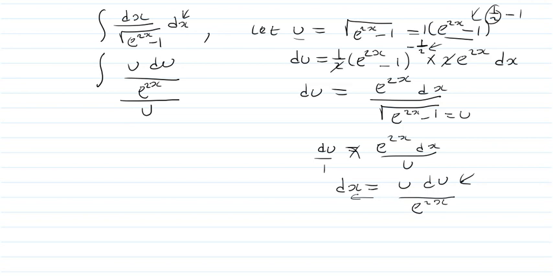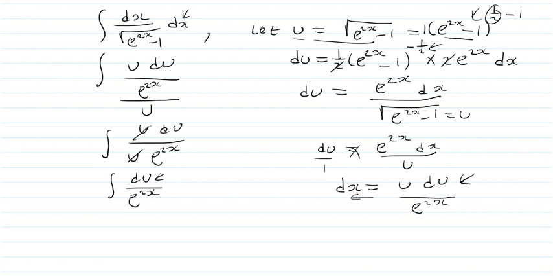Simplifying, we get u du over u e^(2x). This u and this u cancel out, so what remains is du over e^(2x). We can't integrate this one because we are integrating with respect to u, and here we have an x. So to modify this, we go back to the first part.